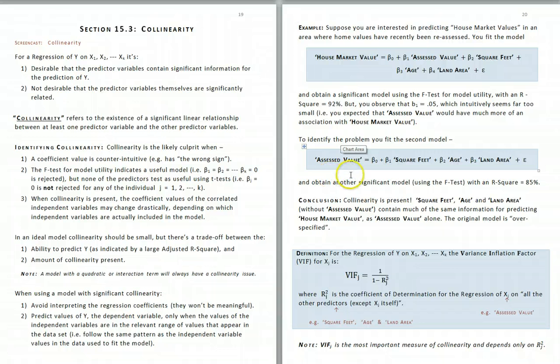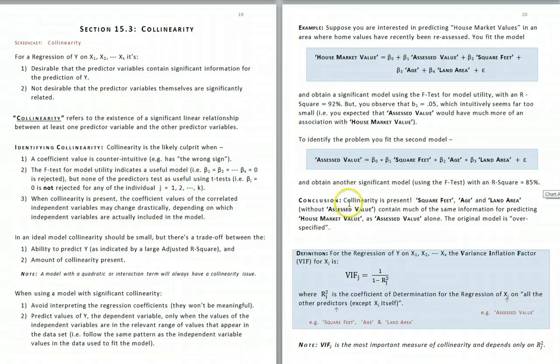To investigate the problem, you fit a second model with assessed value as the dependent variable and the other independent variables from the original model as the independent variables for this second model. And the second model tests as useful with an R-square value of 85%.